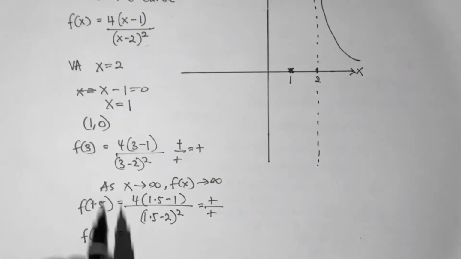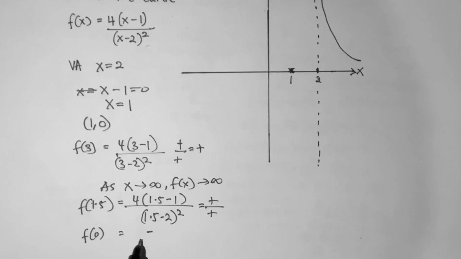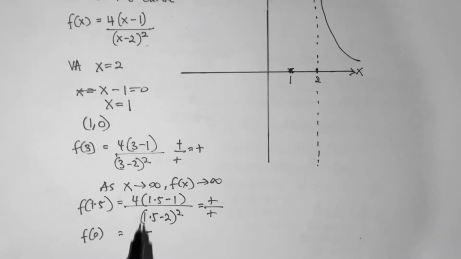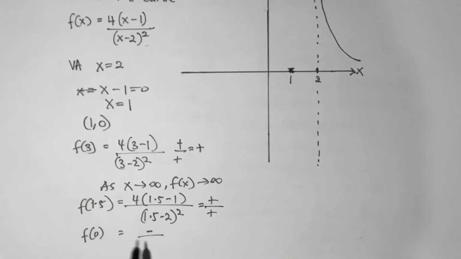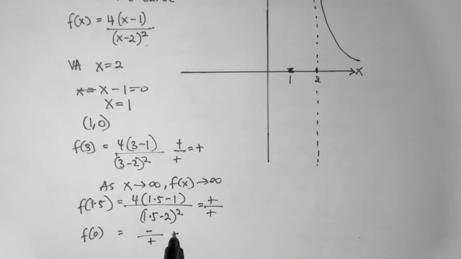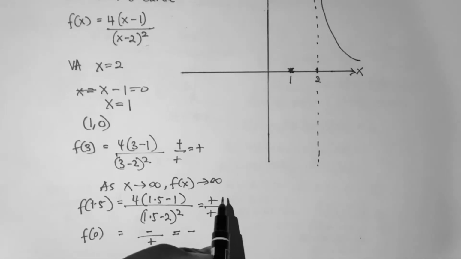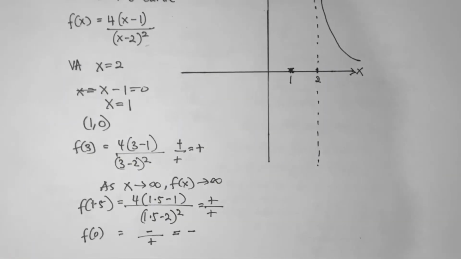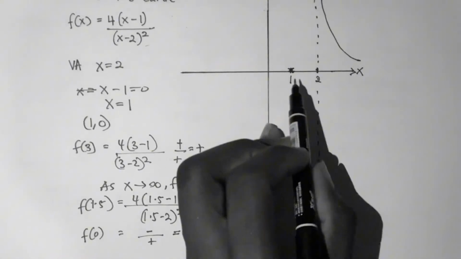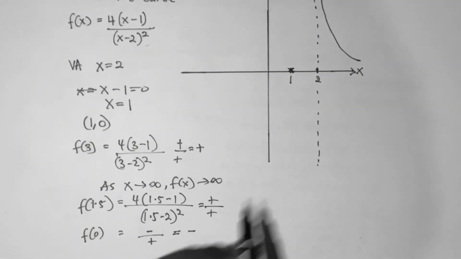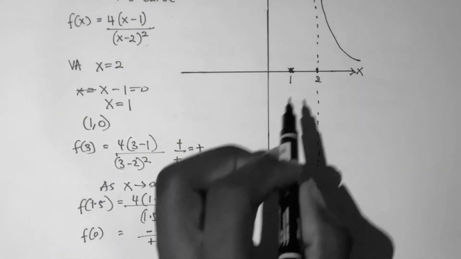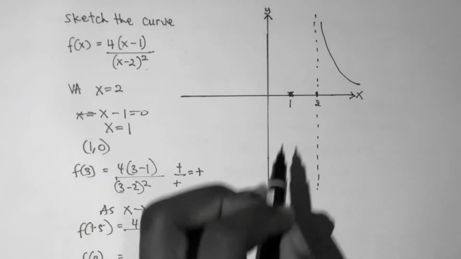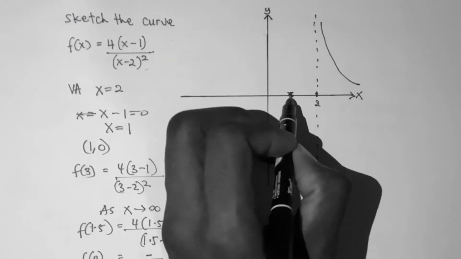If you put 0 in this, you are going to get a negative value, and then the negative value divided by 0 minus 2, which is minus 2, when you square it, you get a positive value. So the final result will be a negative value. So what it means is that as x approaches this turning point, the graph of f of x goes to negative infinity. Therefore, this curve is going to look like this.